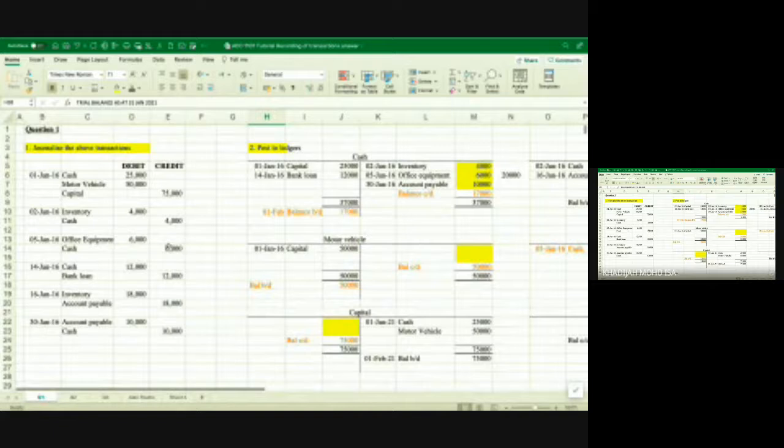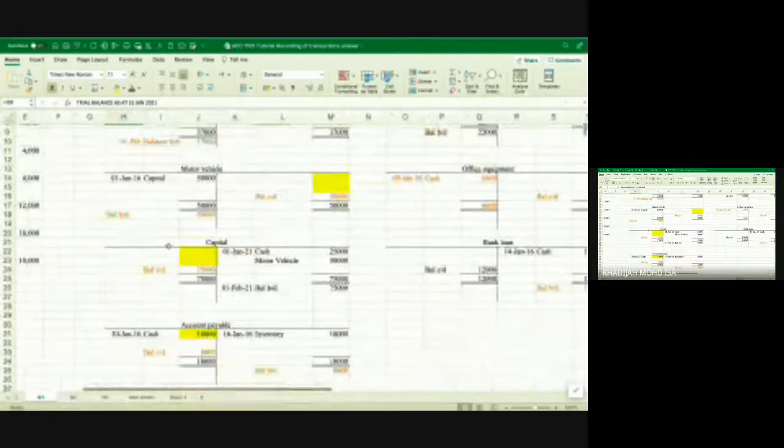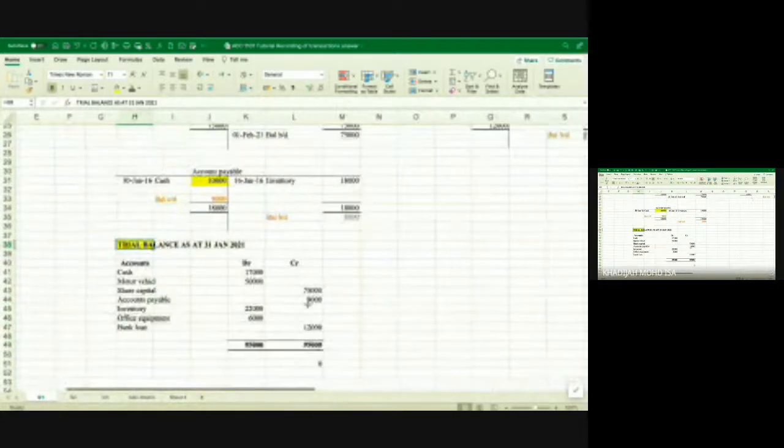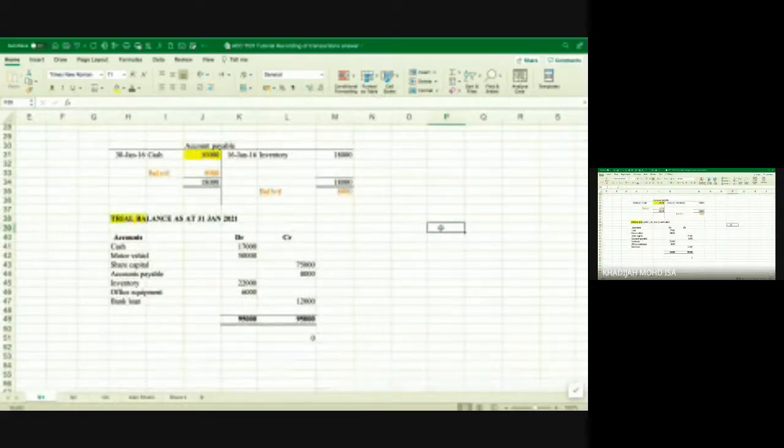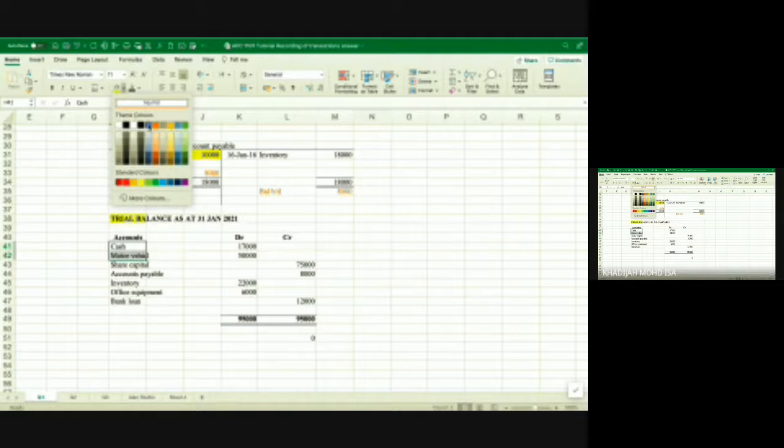I think in your quiz we are going to go further, where you have to prepare your financial statements. So looking at the trial balance here, if you were to prepare the financial statements, you have the profit and loss account, retained earnings, and then your SOFP, the statement of financial position. Looking at this, you know that this one is your cash, so let's put it in blue.